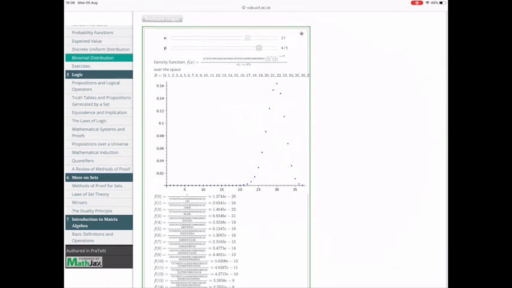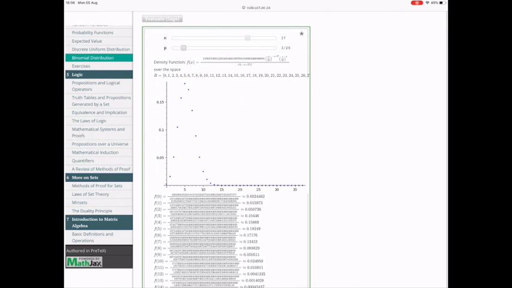On the other hand, if we reduce our probability of success down to 3 out of 20, you'll notice now our highest probability is for getting 5 or so successes, and getting 35 or more successes is very unlikely. So changing our probability skews the distribution one way or the other.